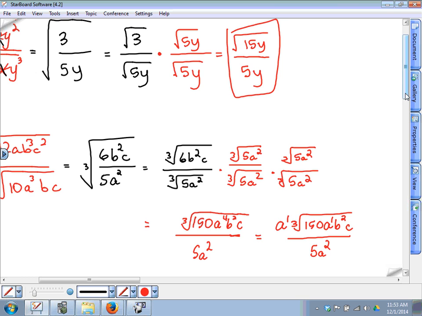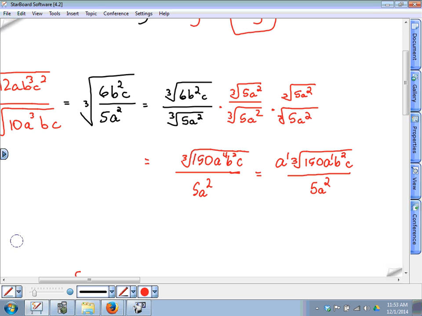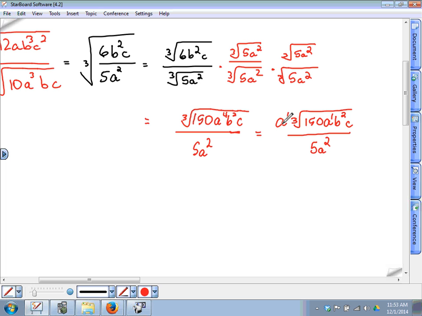And you reduce it with 1b squared. And then we simplify one more time. This a out here cancels with one of these a's down on the bottom. So final form of this answer is the cube root of 150 a b squared c all over 5a.